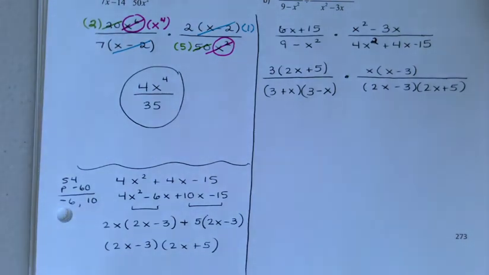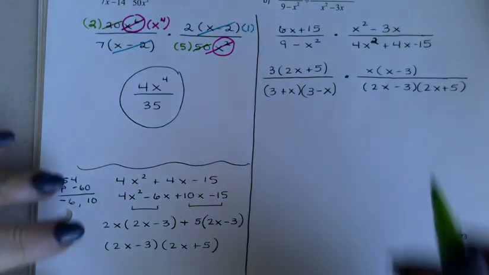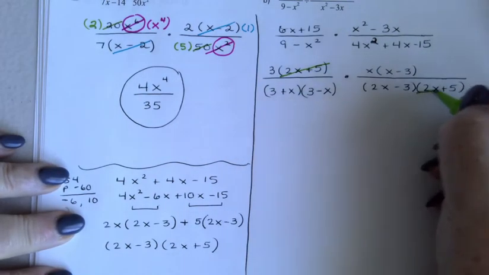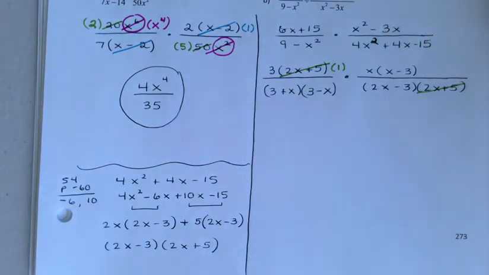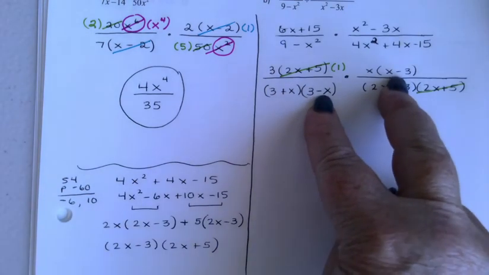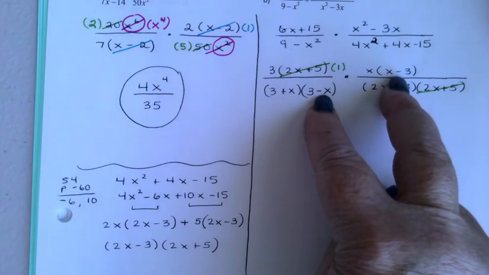All right, so let's see what we've got here. 2x plus 5 divided by 2x plus 5 is just 1. I don't actually have any other factors that match exactly, but you remember this one from our discussion in the last section? I have subtraction, but the order of the terms is backwards, right?